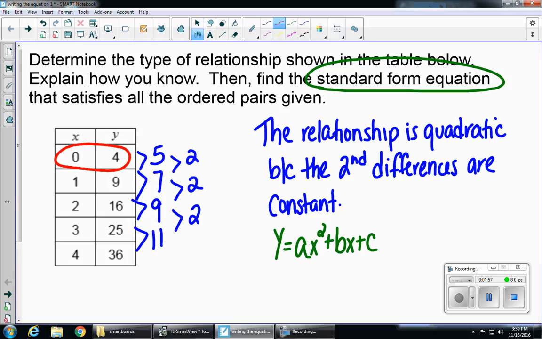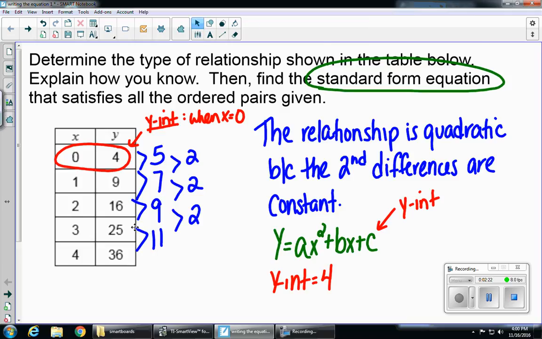The point 0, 4 is your y-intercept, because a y-intercept is whenever x equals 0. So my y-intercept is 4. And in our equation, c will always be the y-intercept, which means I now know one of the three letters.